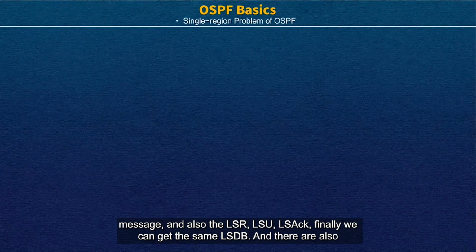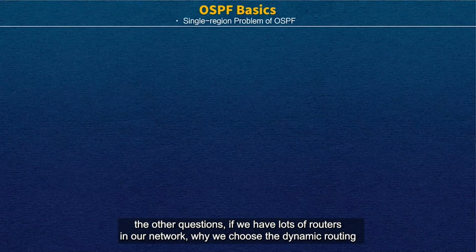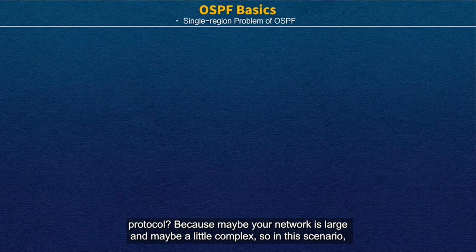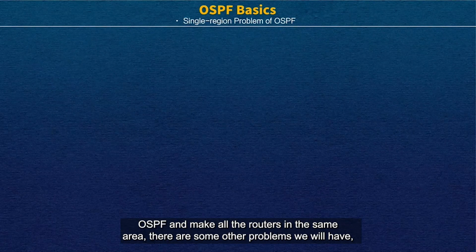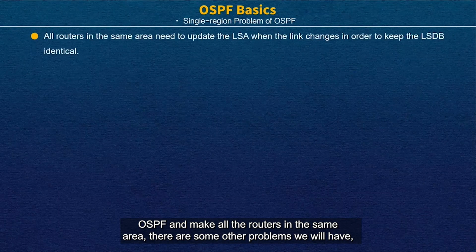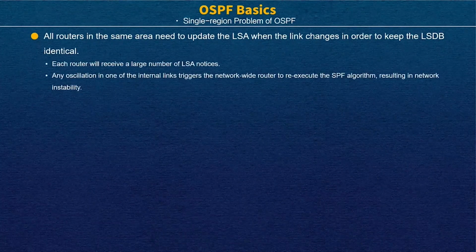And there is also another question: if we have lots of routers in our network, why do we choose a dynamic routing protocol? Because maybe your network is large and a little complex. So in this scenario, if you use OSPF and make all the routers in the same area, there are some problems we will have.